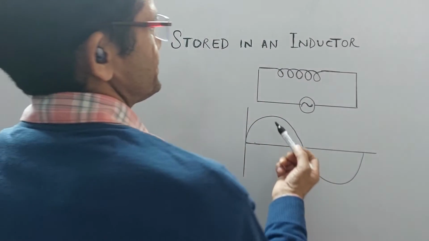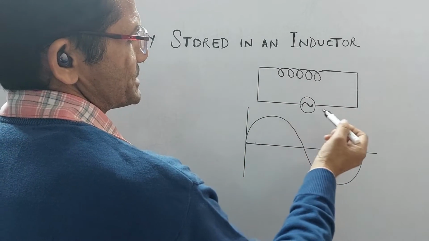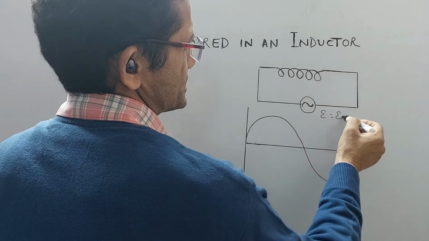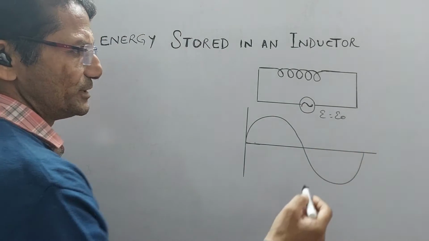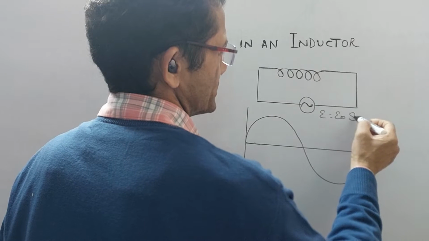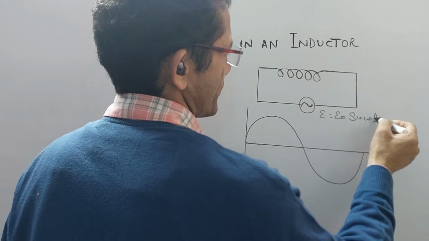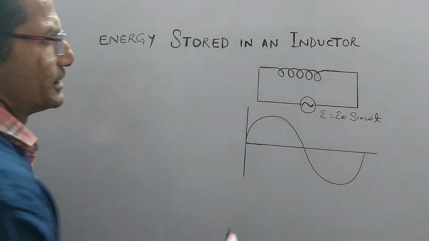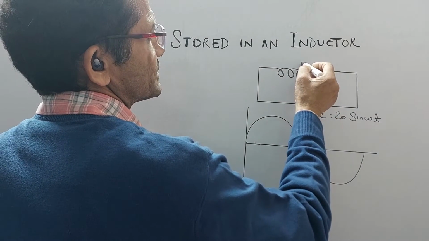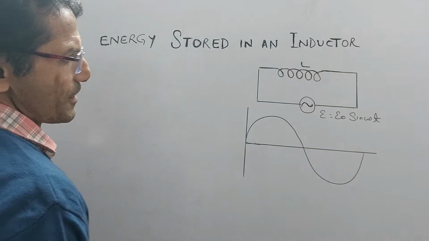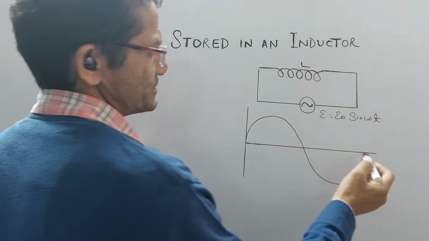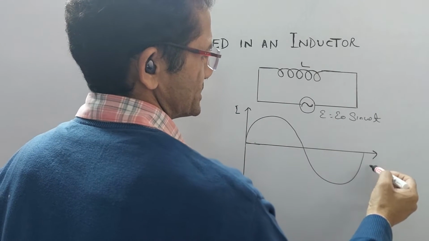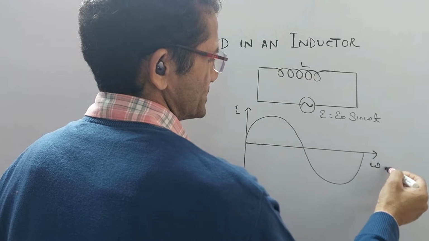So this is our AC circuit in which an alternating EMF is applied. Its value is E equals E naught sin omega t. This is our inductor, with inductance L. This is a graph between current and time, or theta, we can say omega t.